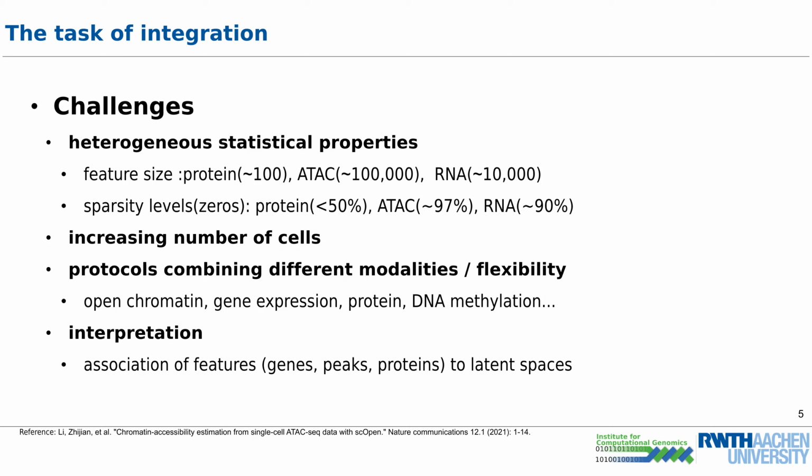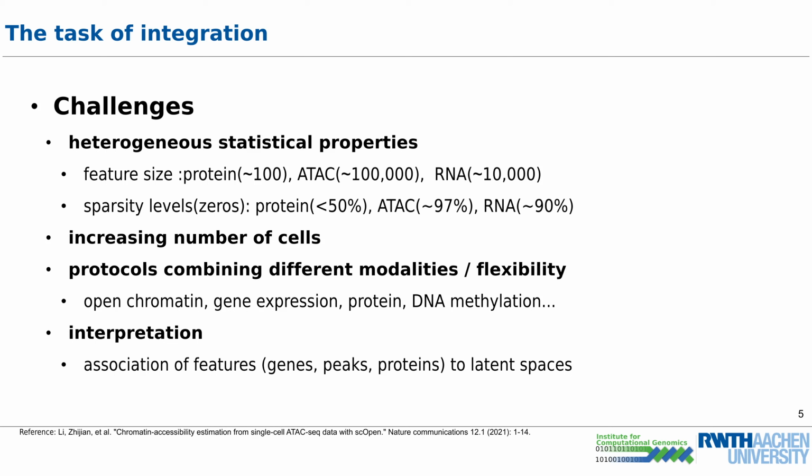Second, the integration method should be efficient enough to cope with increasing library size. Nowadays, we can sequence as many as millions of cells. Third, more and more protocols are created to simultaneously measure features in the same single cell, like open chromatin, gene expression, protein, DNA methylation, etc. And the combination of modality types poses a challenge to integration.